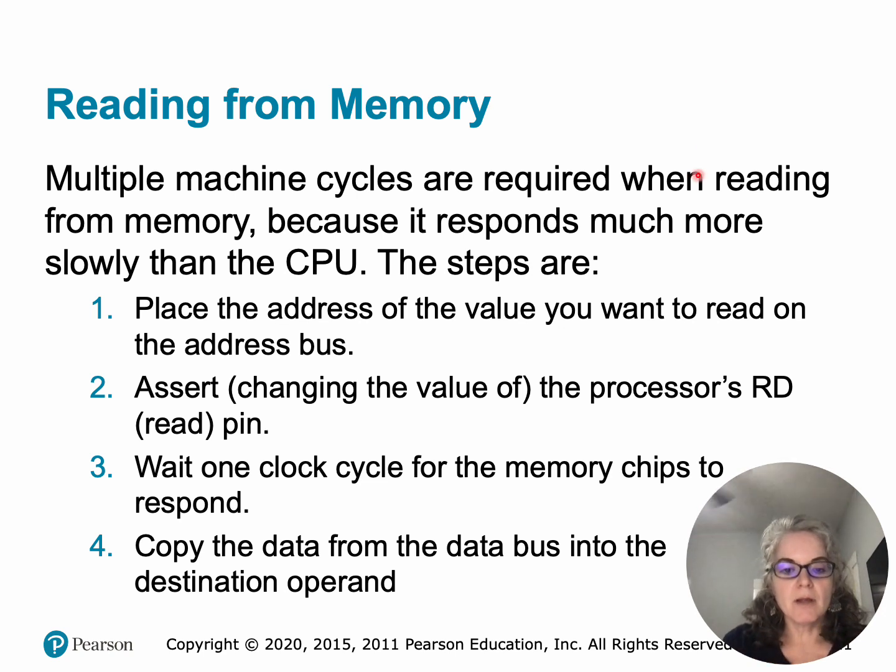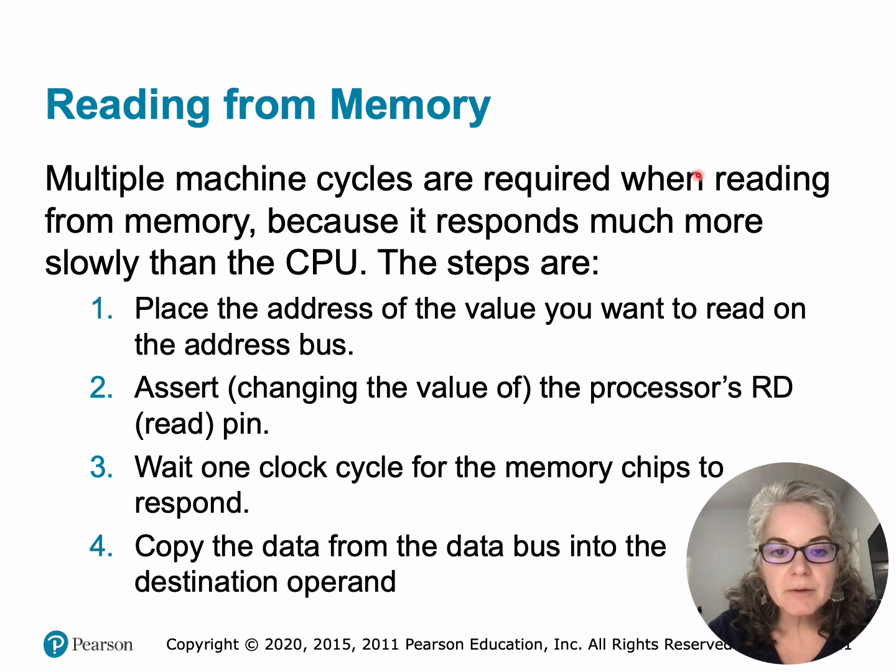Reading from memory. Multiple machine cycles are required when reading from memory because it responds much more slowly than the CPU. We do have some registers in the CPU, and reading values from those registers is a lot faster than reading from RAM.